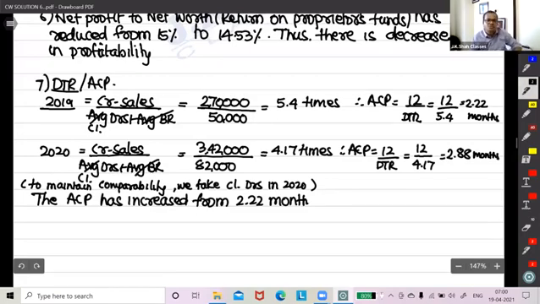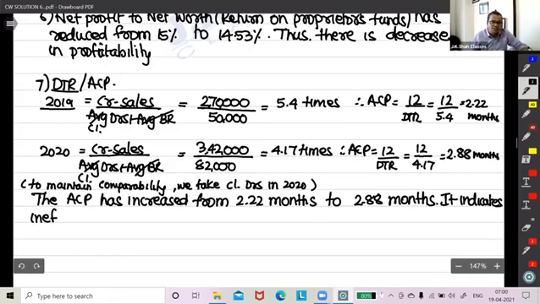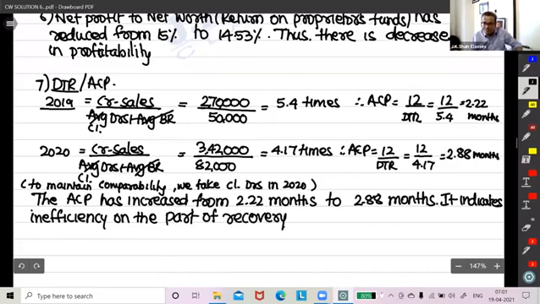Has increased from 2.22 months to 2.88 months. It indicates what? Inefficiency, no? If you take more time to collect the money, it indicates inefficiency on the part of whom? On the part of the recovery department.